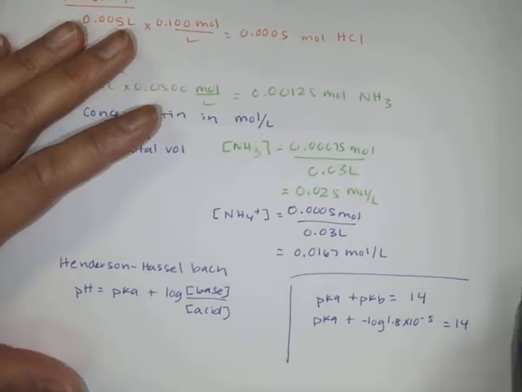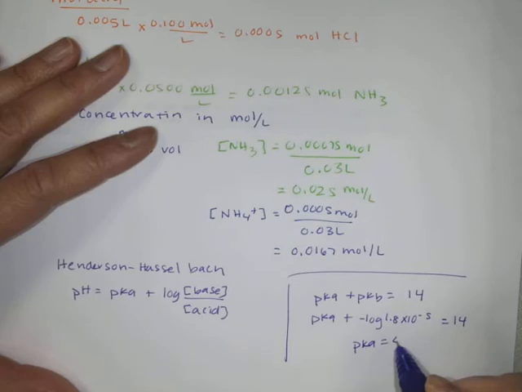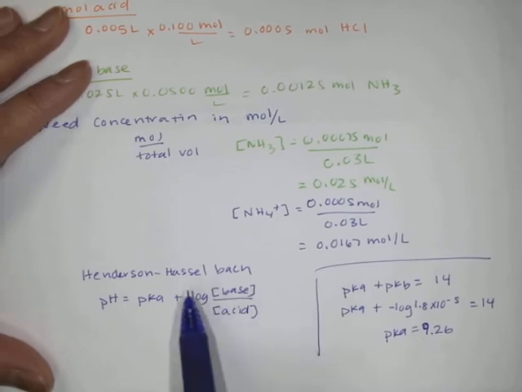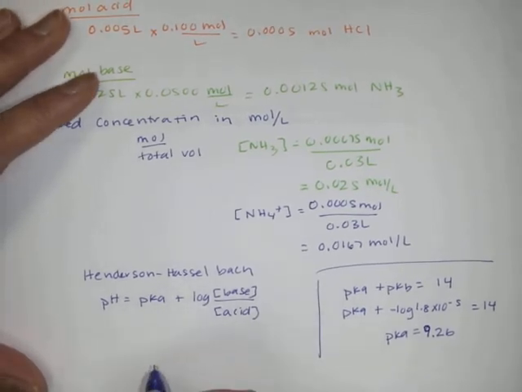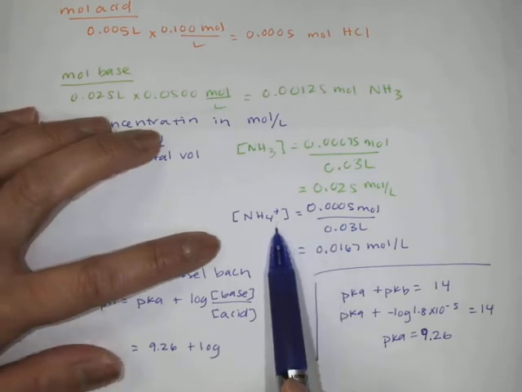So we have pKa equals negative log of this. So after you do the math, pKa equals 9.26. So now I can plug this into my equation. So pH equals 9.26 plus the log of my acid here, which is NH4 plus.